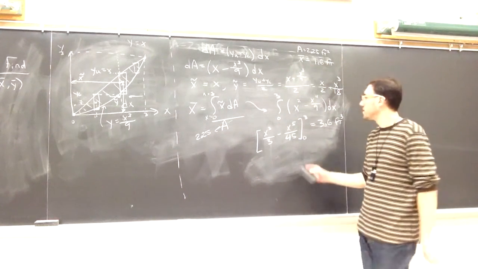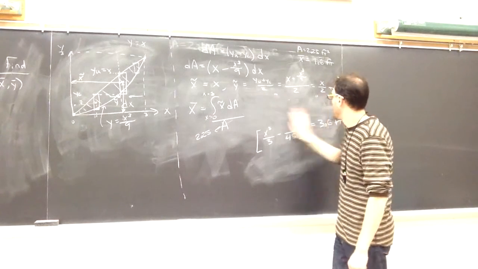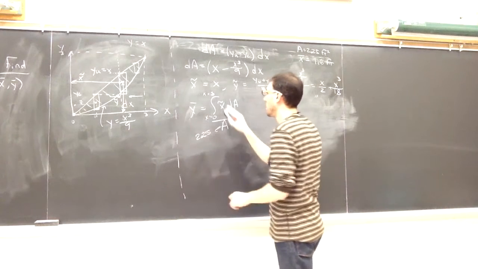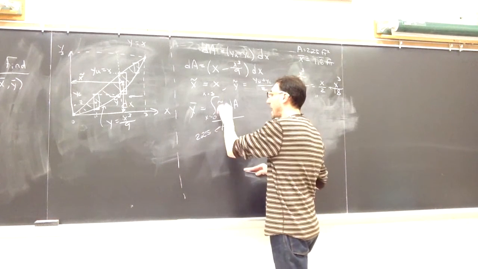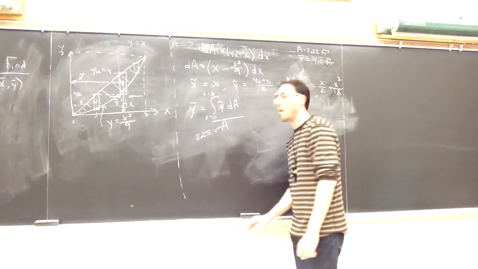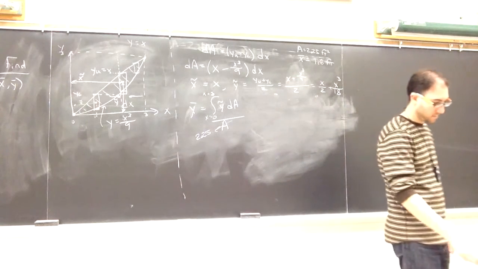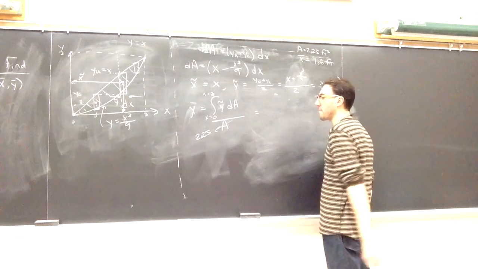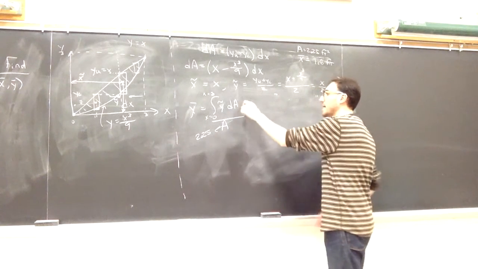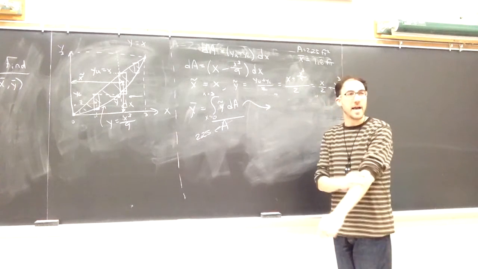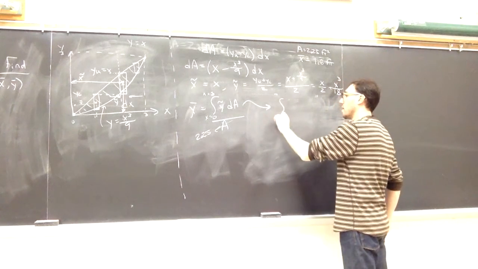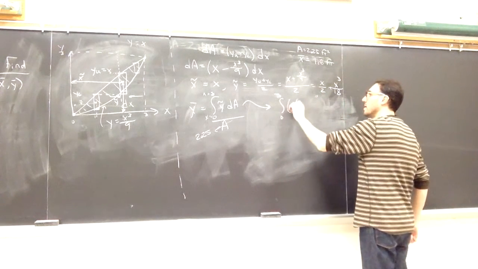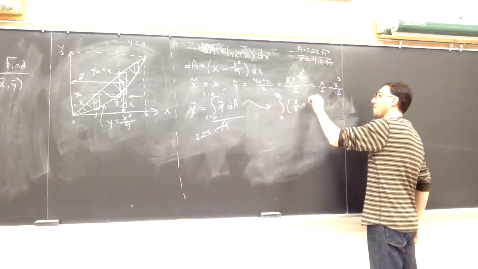Finding the y-bar is pretty similar. The only difference is instead of multiplying x tilde by dA, I multiply y tilde by dA. A remains the same. So once again, it's just this numerator that I have to work out. My y tilde is this expression, x over 2 plus x cubed over 18.